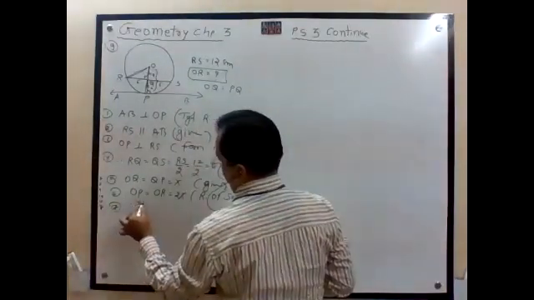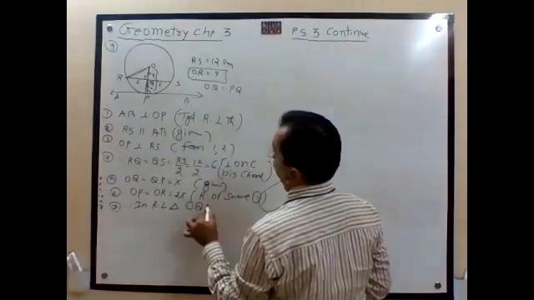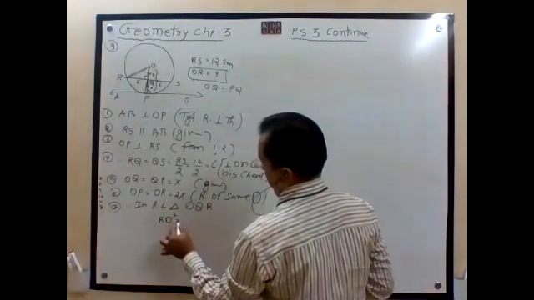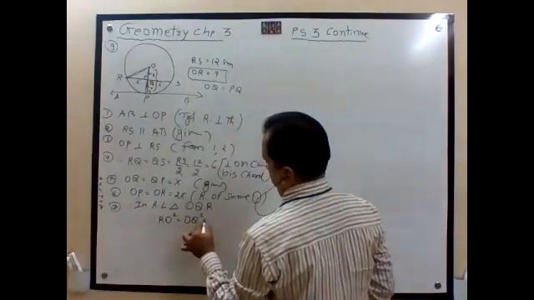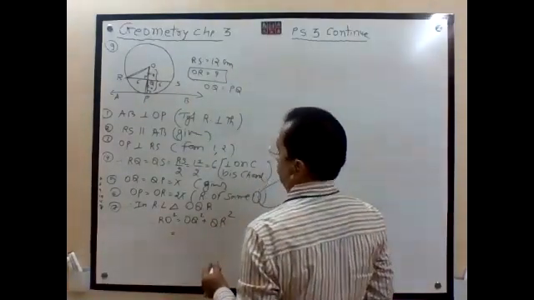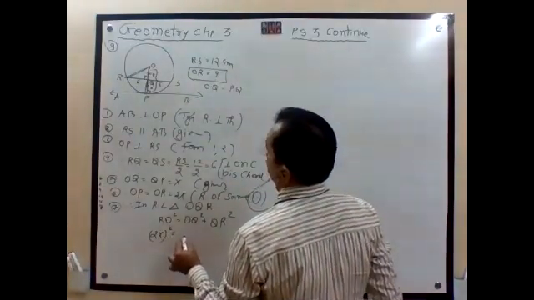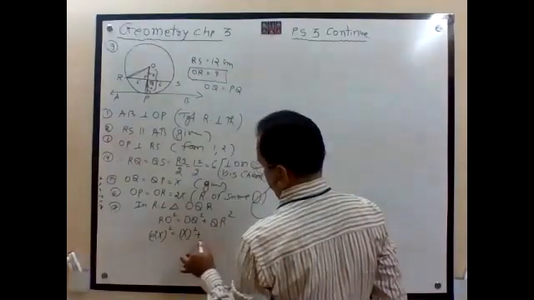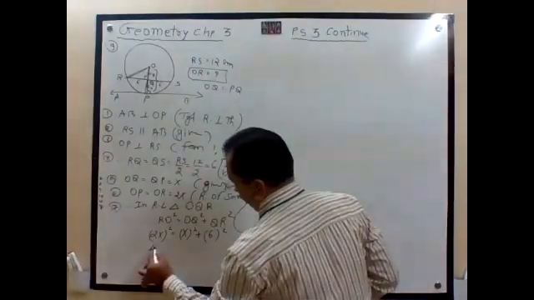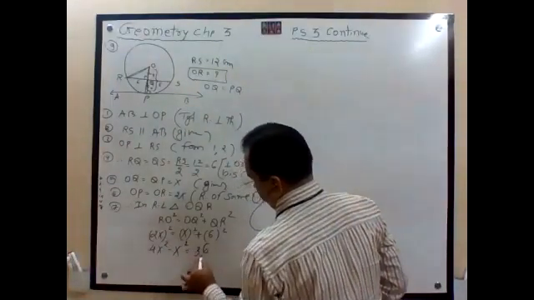Therefore, in right angle triangle OQR, RO square is equal to OQ square plus QR square. So RO square is 2X whole square. OQ is only X square. QR is only 6 square. So 4X square, this comes to this side, minus X square is equal to 36.